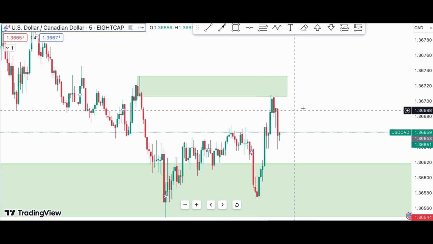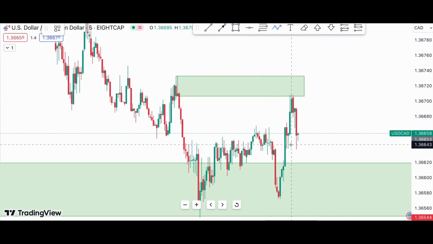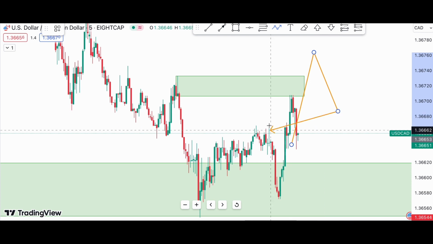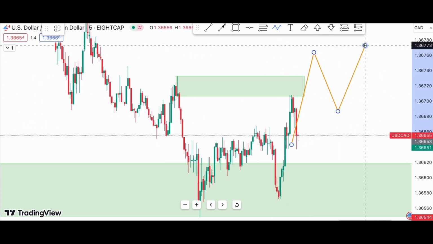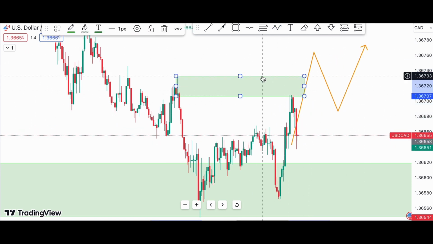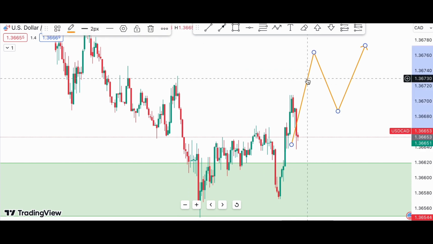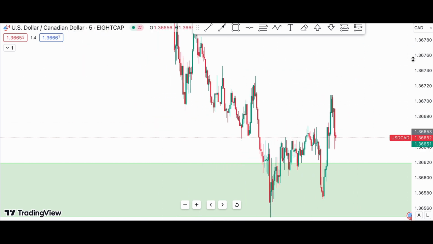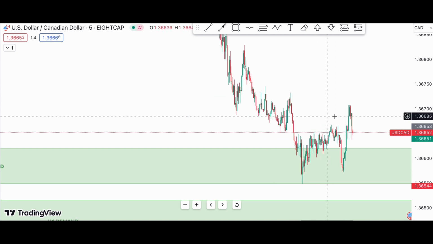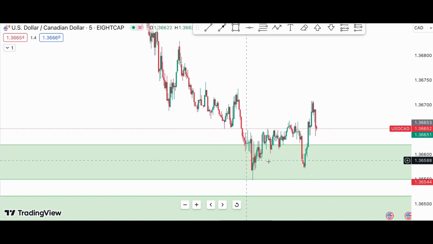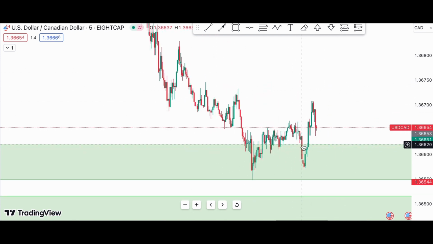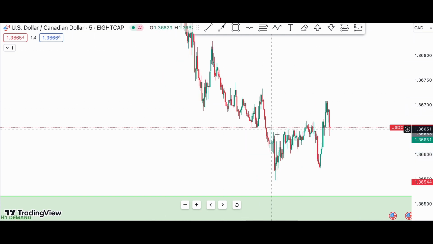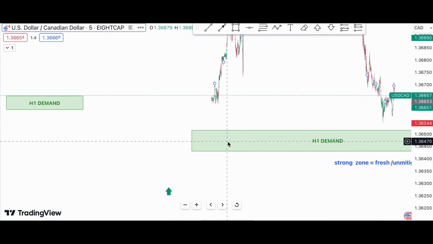Once it breaks through this level, wait for the pullback, look for any fresh demand, then we can continue to buy. So this is the confirmation that we are talking about. If you have no confidence that the price will have a reversal here, just simply delete the zone and look for the next strong zone.